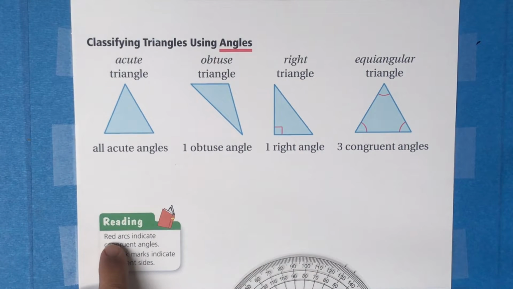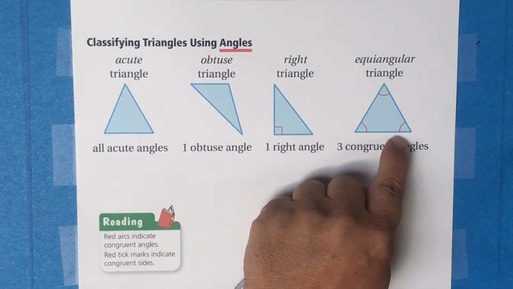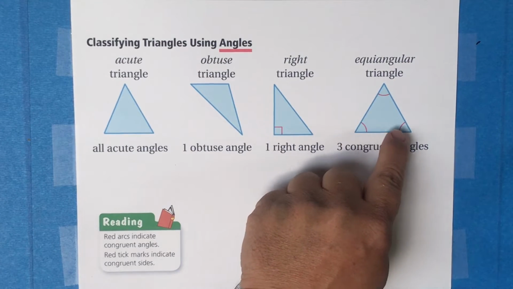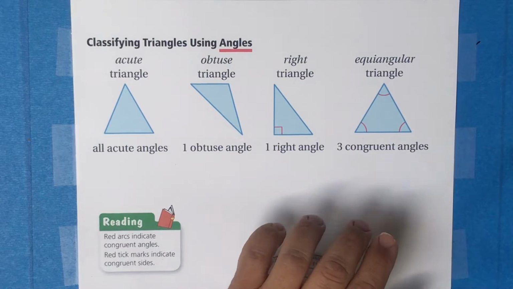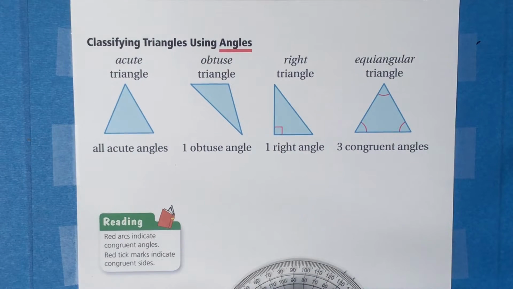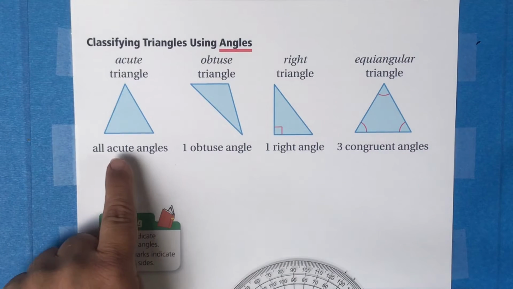Now, if we look at our key down here, the red arc indicates congruent angles. So once we see these red arcs, that lets us know that each one of these 3 angles is equal. So, 4 ways of classifying triangles using their angle measures.